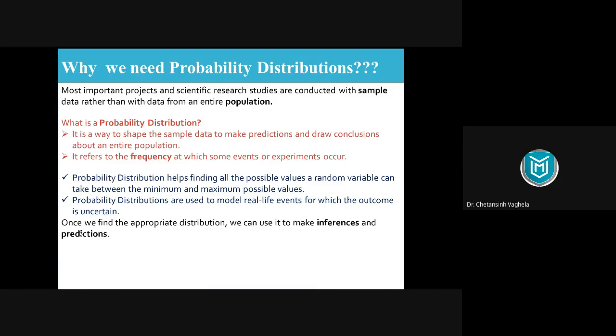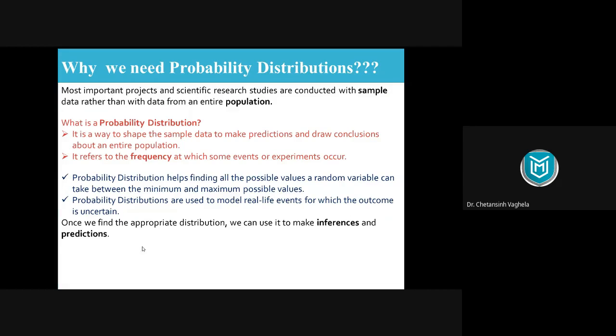And once we find the appropriate distribution, अगर हमको पता चले हमारे पास जो sample है छोटा सा, if we are able to identify the appropriate distribution for that particular sample, then we can use it to make inference and prediction. Inference माने कि it's similar to prediction. We can draw some conclusion with the evidence, is it?